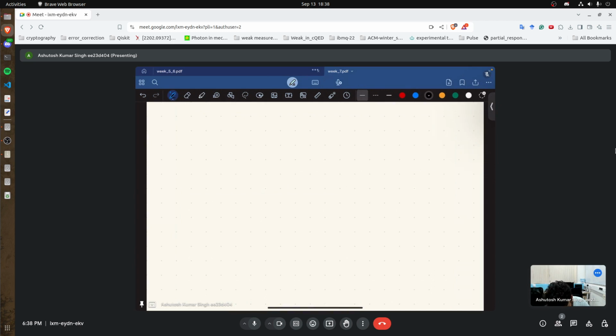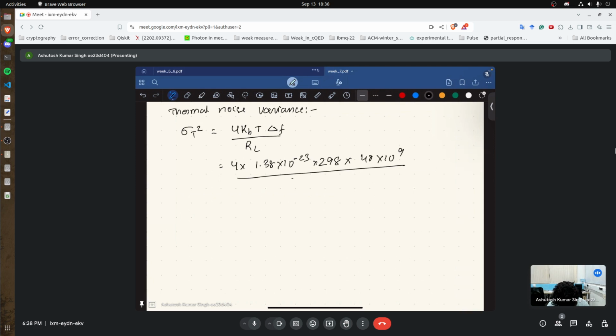First, let us look at the thermal noise variance, because the thermal noise variance would be similar in both cases, which is sigma_T squared, given by 4 kBT delta F divided by RL. So substitute the values: 4 times kB times 298 times 40 gigahertz, so 40 into 10 raised to 9, divided by 50.